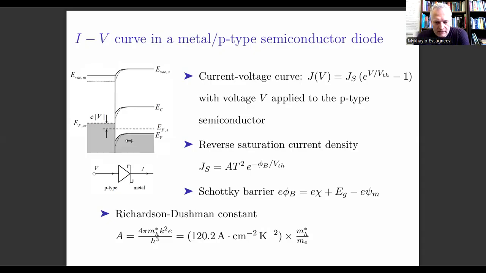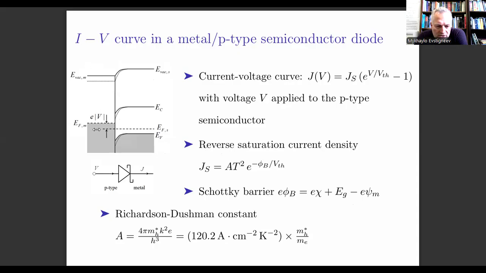Okay. The size of this barrier is also easy to understand. So E chi is this energy difference. E gap is this energy difference. And E psi metal is this energy difference. So you subtract E psi metal from E chi plus E gap. E chi plus E gap is the energy difference between the vacuum level and the semiconductor valence band edge.